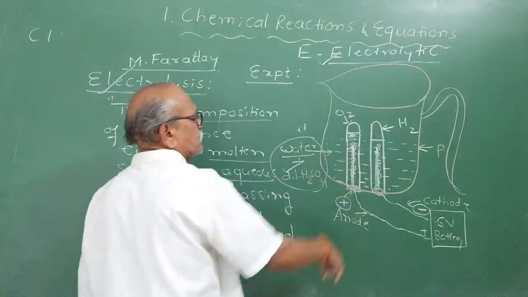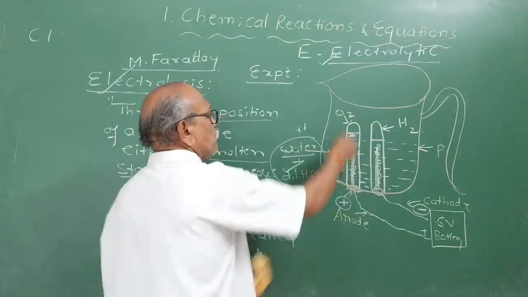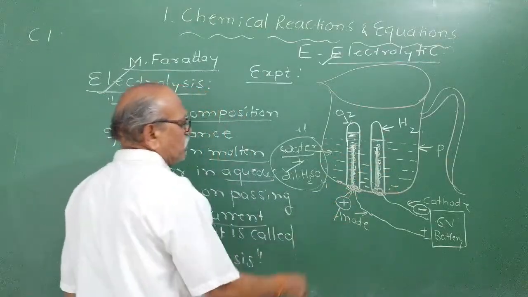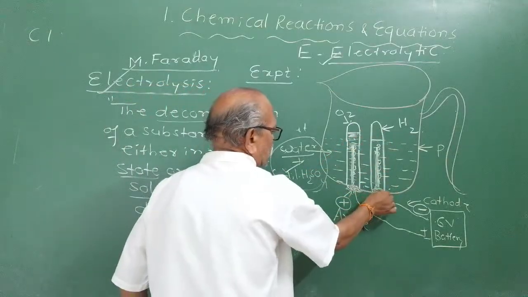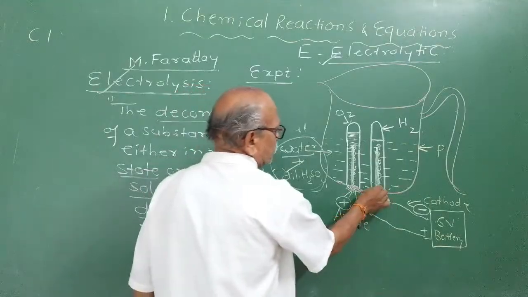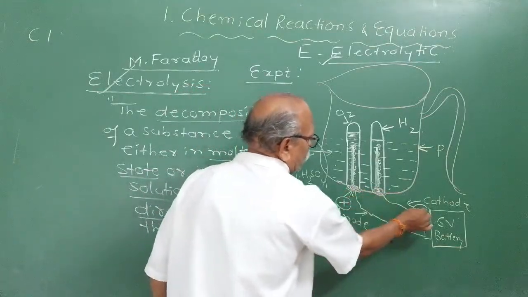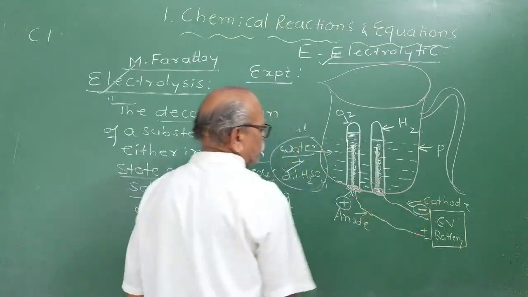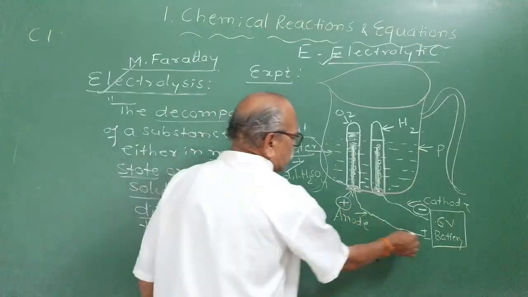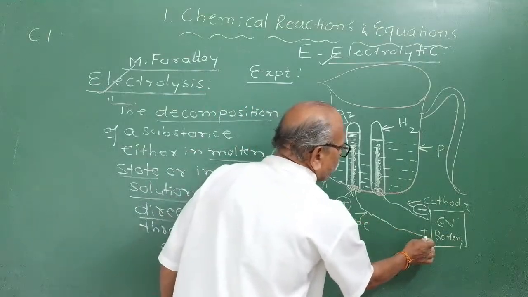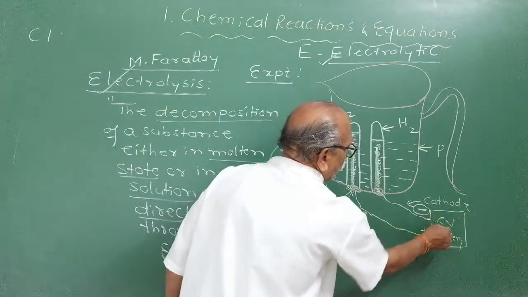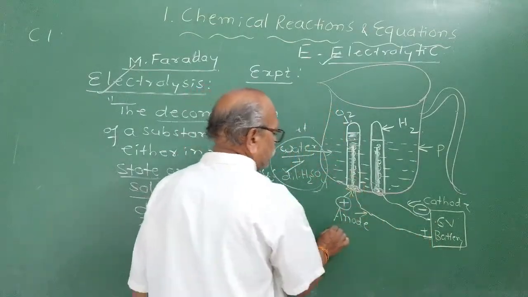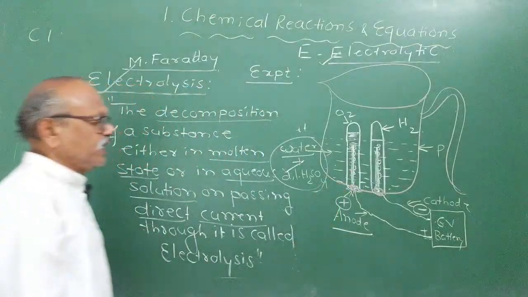Take 2 test tubes, fill completely with water, and put them upside down at the mouth of this rubber cork over the electrodes. One electrode is connected to the negative terminal of the battery, and this electrode is called the cathode. The positive terminal of the battery, a battery will have 2 terminals, positive and negative, is connected to the left side test tube electrode.